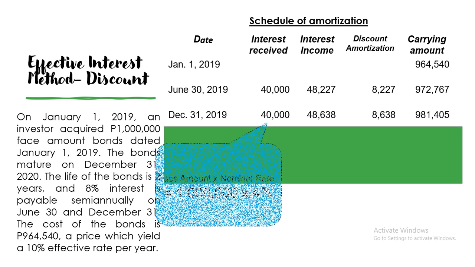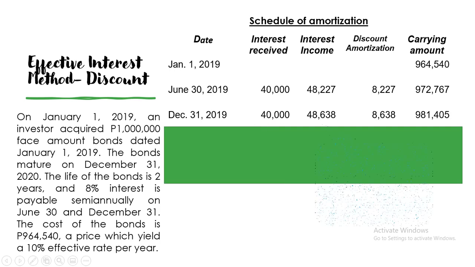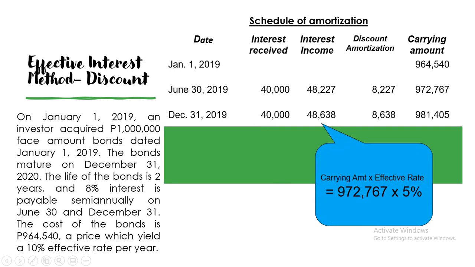Now for the next interest date, December 31, 2019: the interest received is the same, 40,000, using the nominal rate. Then the interest income is the carrying amount multiplied by the effective rate. The carrying amount here is now 972,767, which is the carrying amount at June 30, 2019, not the beginning one but the preceding carrying amount. 972,767 multiplied by 5%, the effective rate.